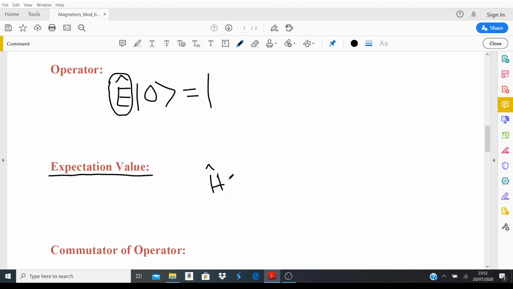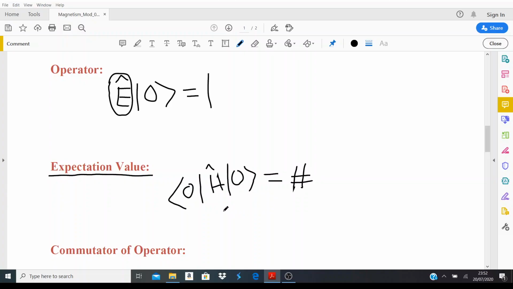We said that you have to put this operator between a ket and the corresponding bra. So that's the expectation value of the operator H in the ground state, denoted by this ket and this bra. And we also said that this is nothing but a number.